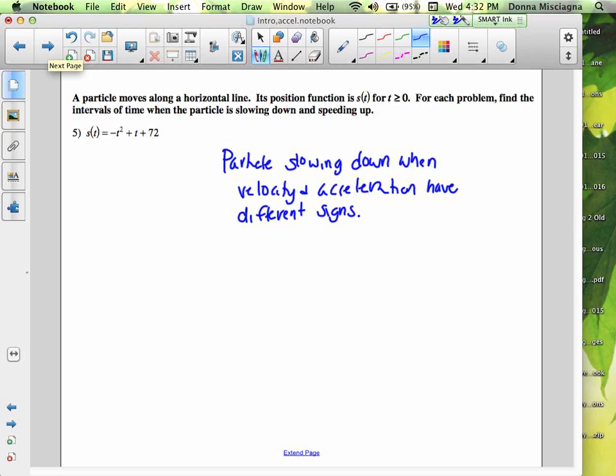If velocity and acceleration are both increasing or both decreasing, both positive or both negative, our particle is going to be speeding up.